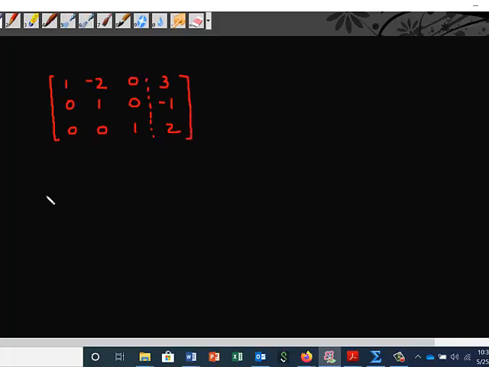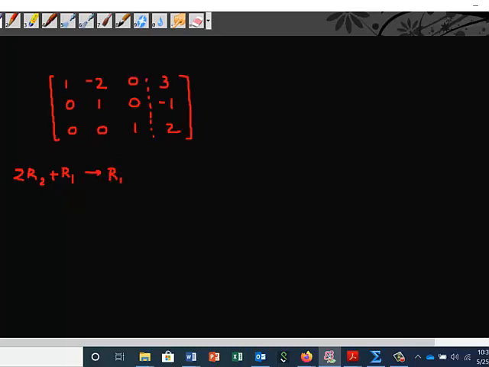So what do we want to do now? Finally, we want to get a 0 in this position here. So we're going to multiply 2 to row 2, add it to row 1 to get the new row 1.